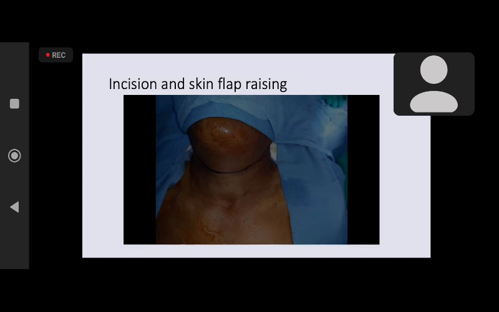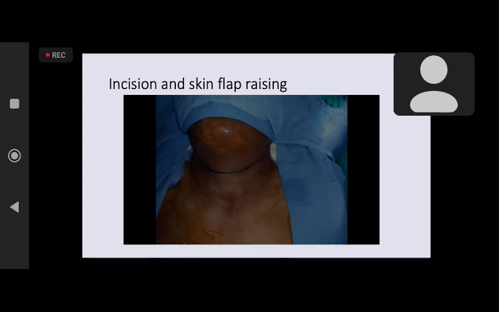Same. Yes. So we can come to the proper steps now. For the incision, we give a horizontal skin crease incision at the level of the cricothyroid area. If we are planning for neck dissection, we may extend it a bit up.